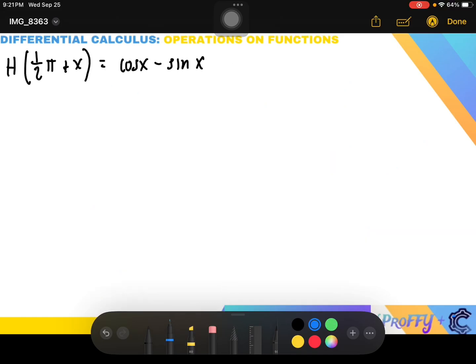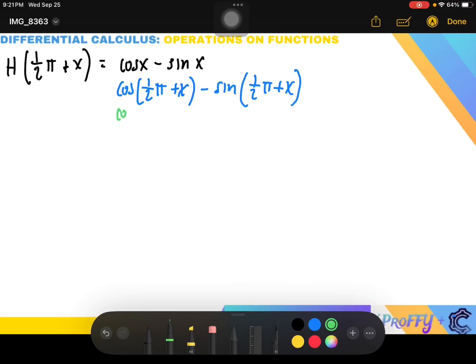So, the next problem is evaluating the functions of trigonometry. We all know that when we have a given like this, we substitute our x, which is this whole thing, on every x. So, cosine of 1 over 2 pi plus x minus the sine of, we just substitute, guys.